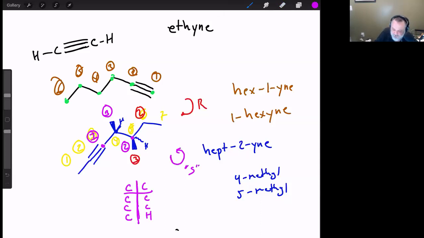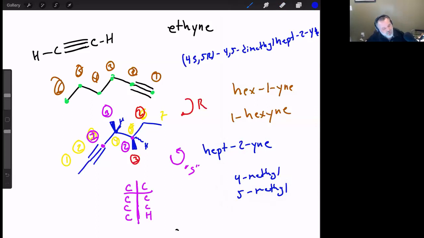So if I were to put everything together, it looks like I have (4S,5R)-4,5-dimethylhept-2-yne.